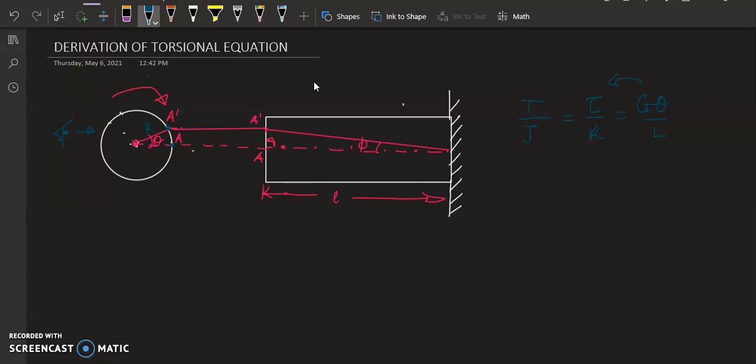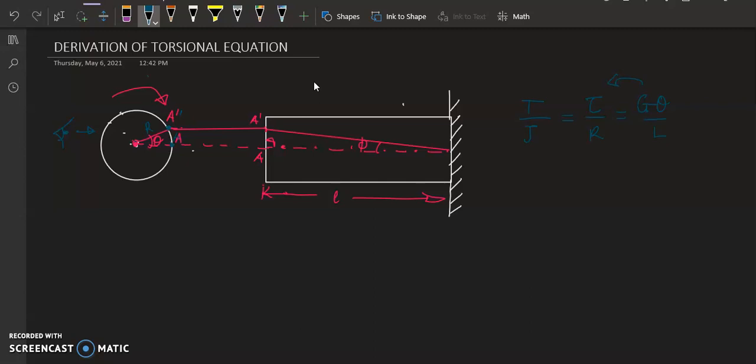So when you mark it A prime, after some time, after twisting, you're going to have A as the other position, or the position of that point along the circumference of this shaft.